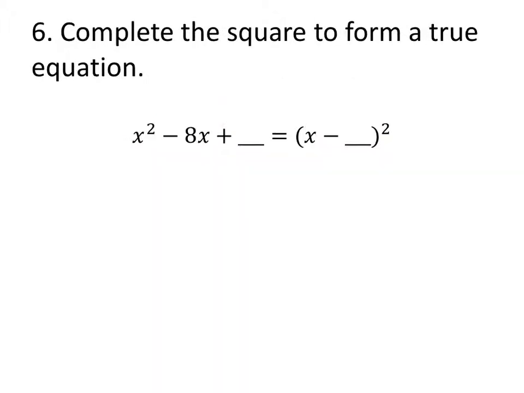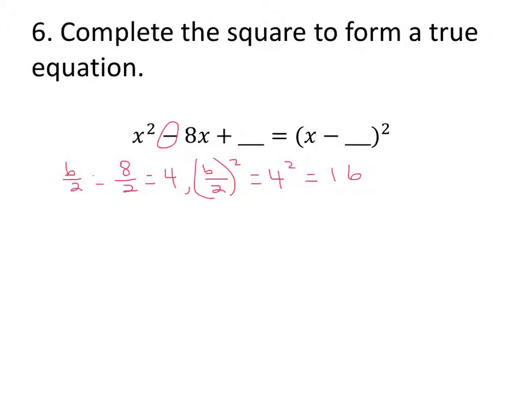Here's another problem in which we're directed to complete the square. So here we have a minus sign. That's new to what we've been working on. We need to know that b over 2 is 8 over 2, which is 4, and b over 2 squared is 4 squared, which is 16.